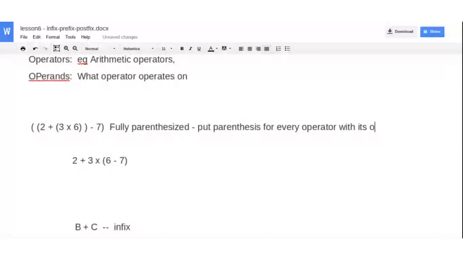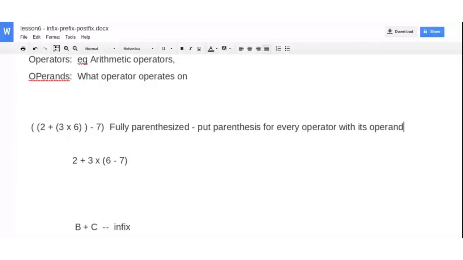So I don't think that is necessarily too confusing to do. We just need to follow step by step, identify. Of course, you just focus on the operator and then try to understand its operands and put brackets. Operator with its operand. Operator with its operand.